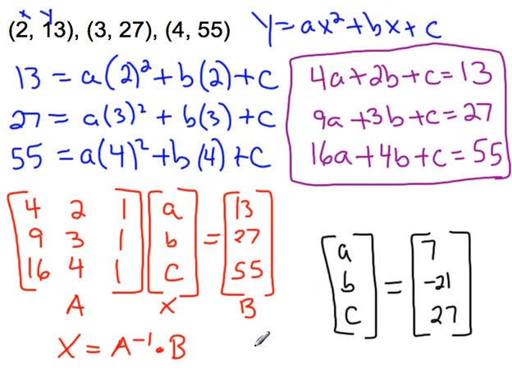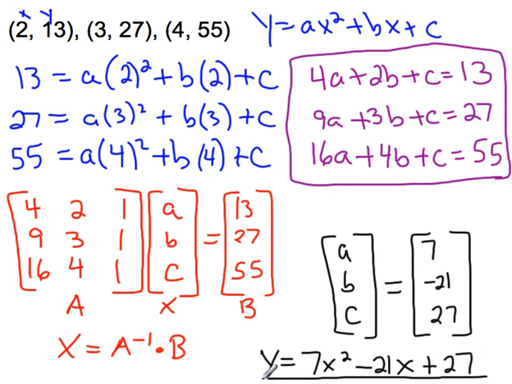So I want to rewrite this. It's going to be y equals A is 7, so it'll be 7x squared. B is negative 21, so it'll be minus 21x. And C is 27, so it'd be plus 27. And that is the final answer of this equation written in standard form.